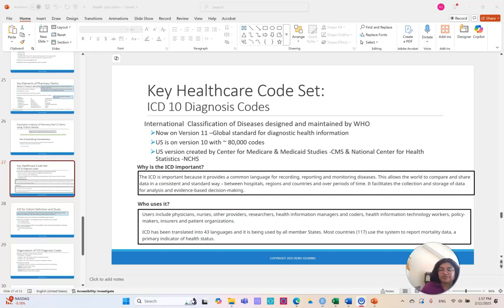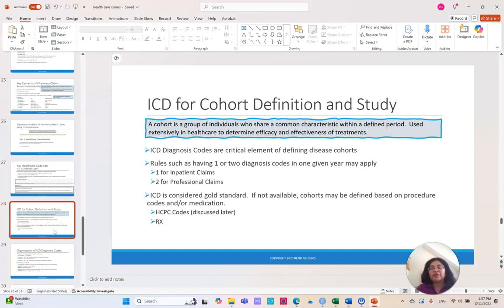Most countries use the system, and it has been translated into 43 languages. I've seen many different versions of ICD, and when it's a script I cannot understand, I know it's another language.